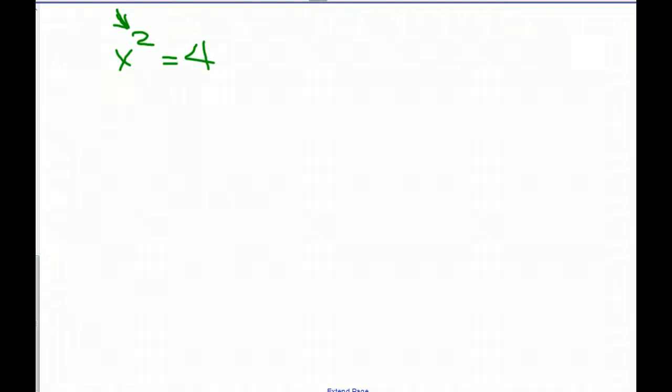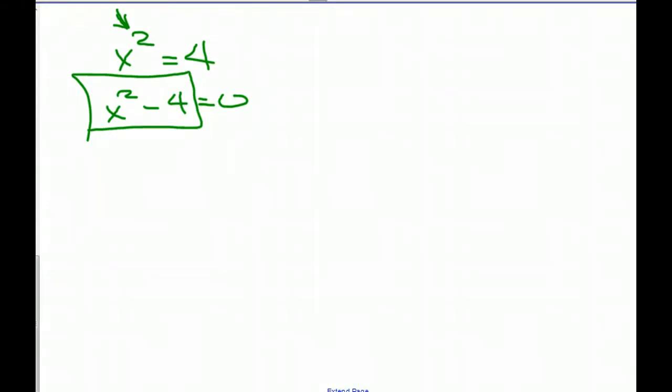So, if you're going to solve this algebraically, you're going to write this as x squared minus 4 equals 0. What do you know about this right here? It is a binomial. You could take the square root.